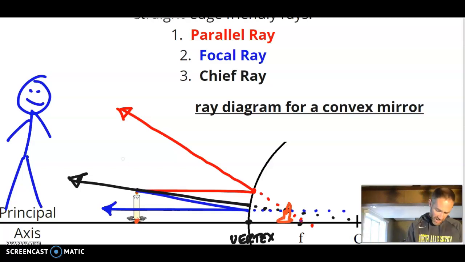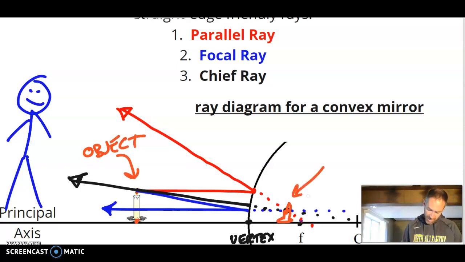So we were going to say that this real candle is our object, and this candle right here is our image. And one thing that I can see for sure is, number one, that image is virtual. It's virtual because it's behind the mirror. It's virtual because it was formed by imagination lines, not real light.